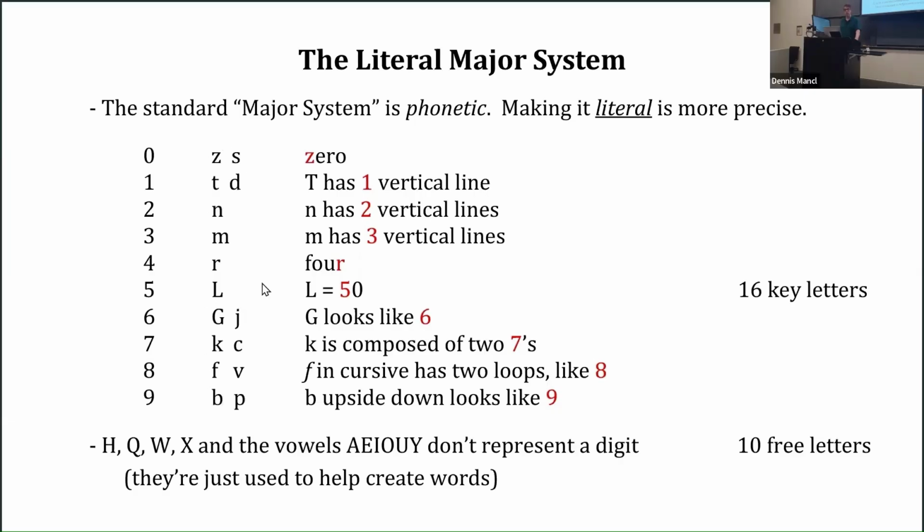So those are easy to associate in your head. And there's a meta mnemonic over here for remembering how these map to the digits. And then the other 10 letters of the alphabet you just leave free. So you can sprinkle the free letters in with the forced letters to make words.